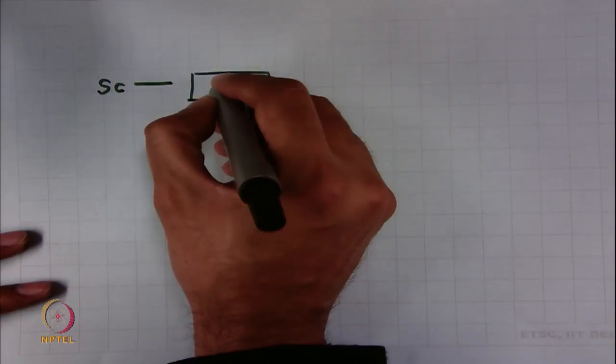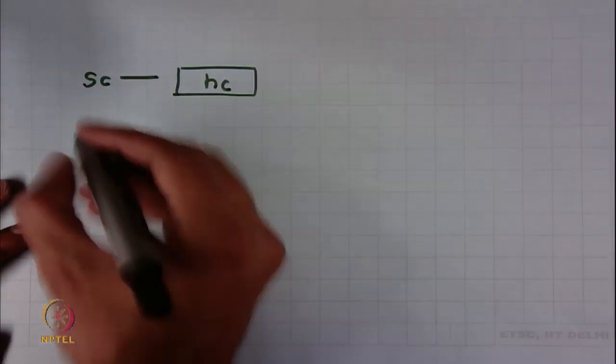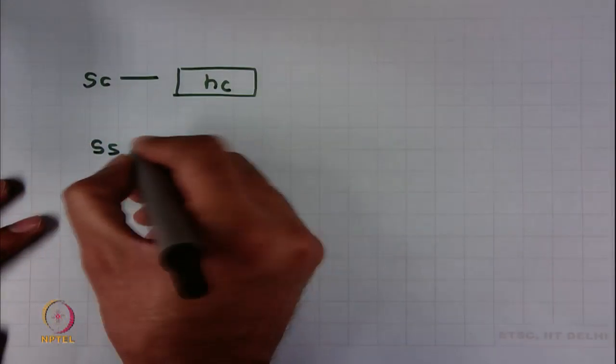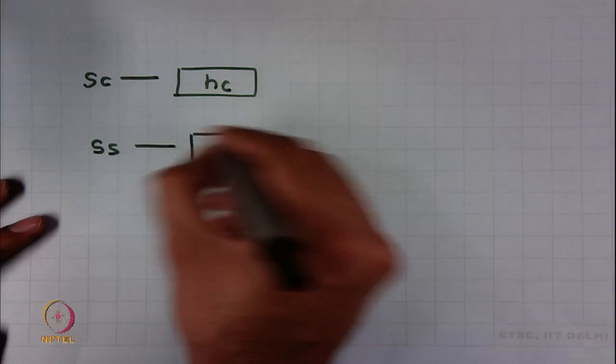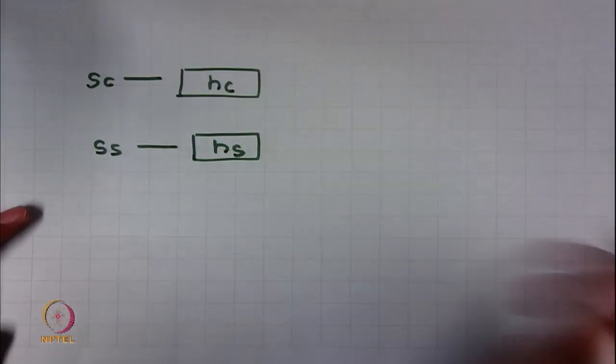Let me take a filter whose impulse response is HC(t). So, let me have SS multiplied by HS, and then I add these two parts.